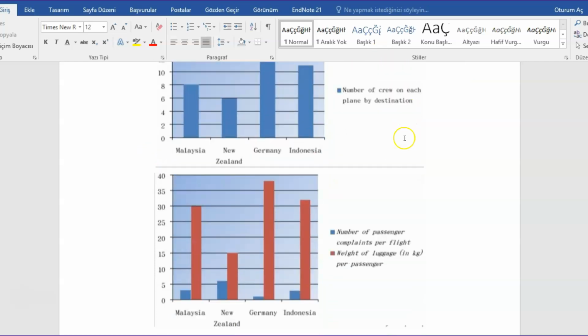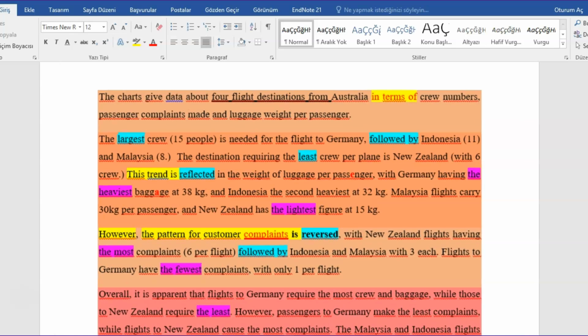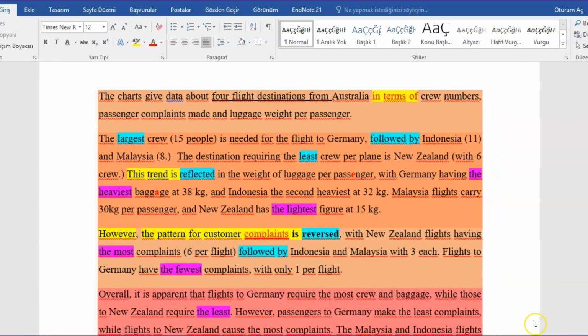Okay, let's go and write our essay. The bar charts give data about 4 flight destinations from Australia in terms of crew numbers, passenger complaints made, and luggage weight per passenger.